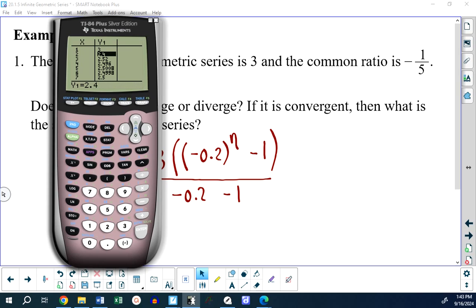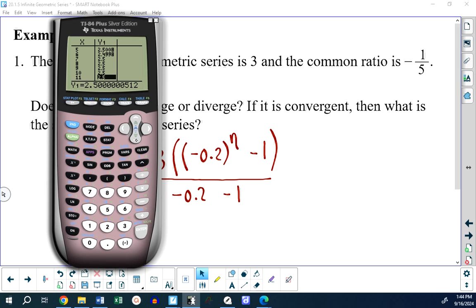Then when I add the next term, it goes back up because the next term's positive. The sum is going to wobble up and down. Notice it goes from 3 to 2.4 to 2.52 to 2.496; these numbers are oscillating up and down over the number 2.5.